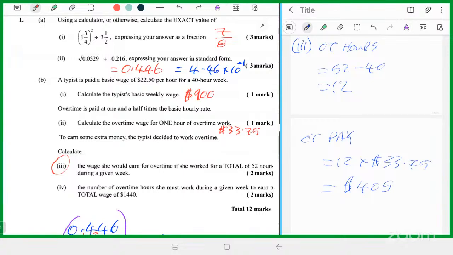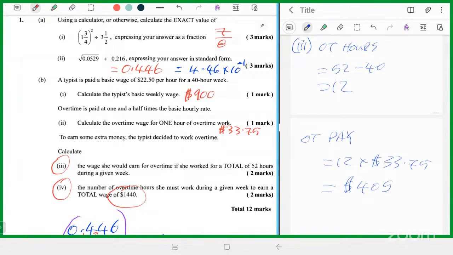All right. Part 4, the number of overtime hours she must work during a given week in order to earn a total wage of this. So if you're going to earn a total wage of this, and you want to find the overtime hours, you have to find the overtime pay that she gets.